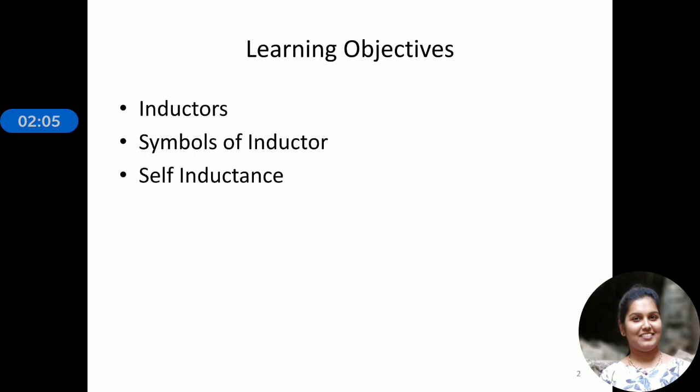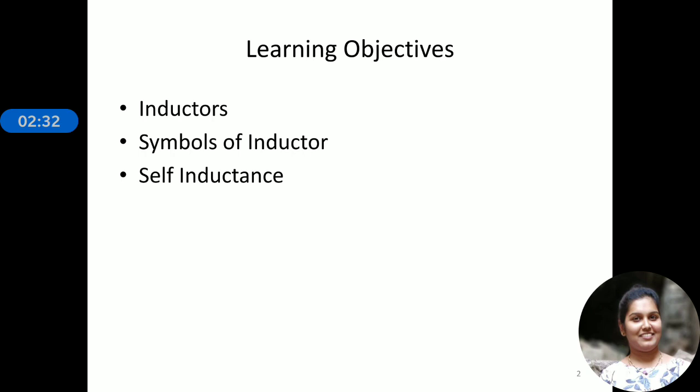Okay, so when we are discussing about electromagnetism, we saw that when an electric current flows through a wire, a magnetic flux is developed around the conductor, right? This effect produces a relationship between the direction of the magnetic flux, which is circulating around the conductor, and the direction of the current that is flowing through the same conductor.